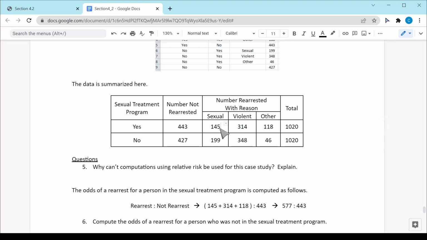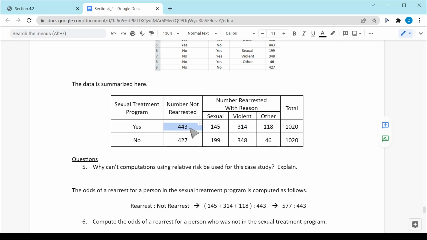So this 145, what does this number represent? That's 145 people that went through the sexual treatment program actually were rearrested for a sex crime of some type. 314 of the 1,020 people that went through the sexual treatment program were rearrested for some sort of violent crime. So these people here were rearrested.